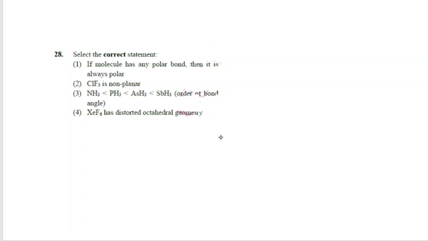If the molecule has any polar bond, then it is always polar? No, though some molecules have polar bonds, they are not polar in nature, because molecules with symmetry, for example XeF4, though it has polar bonds, as it has a square planar structure, all the dipole moments will be cancelled out, so that you will get the mu value as 0, which is non-polar.